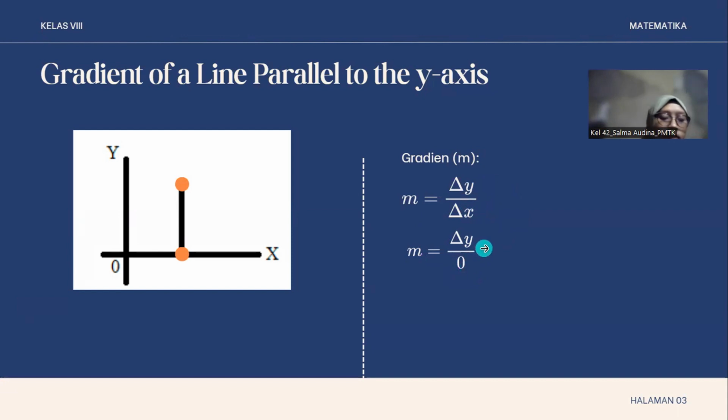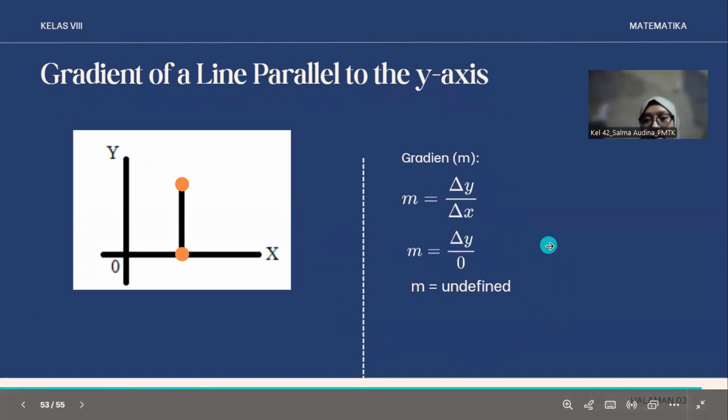Now, whatever the number is, if it is divided by 0, the result is undefined. So, the gradient of a line parallel to the y-axis is always undefined.